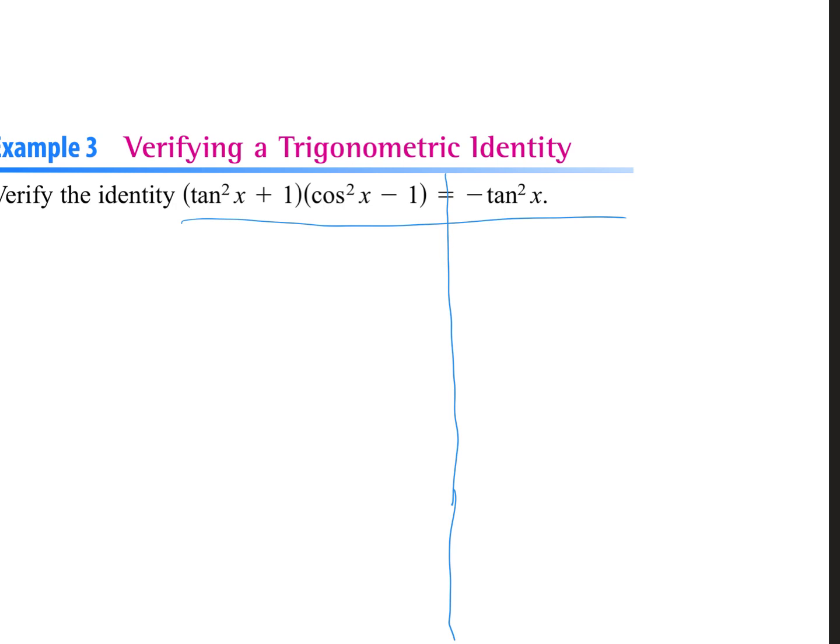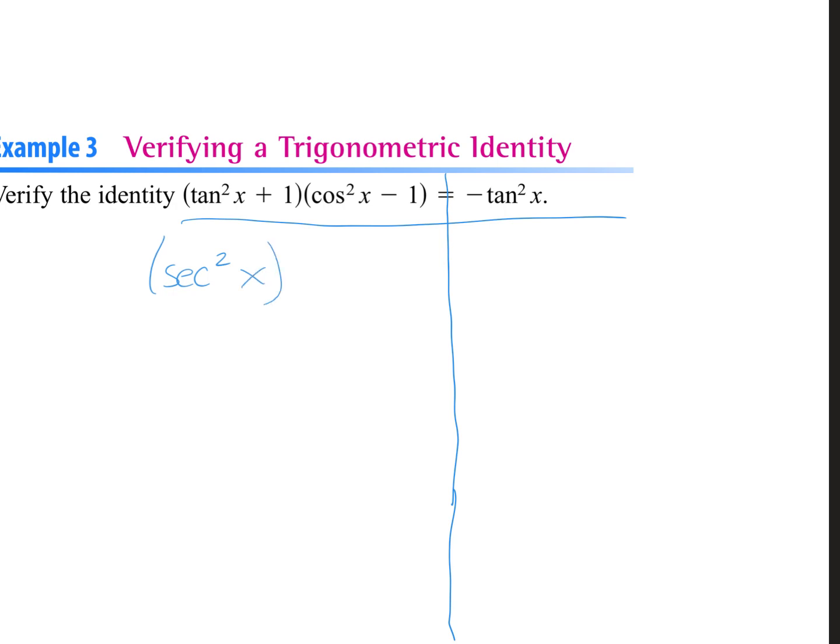So before you try and FOIL and all that stuff, look at your Pythagorean identities. Does tangent squared plus 1 equal anything? Secant squared x, theta, whatever you want to do.